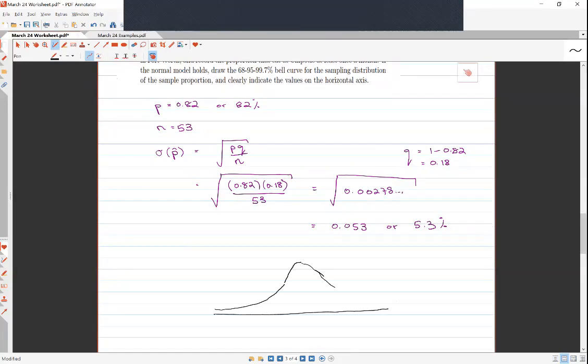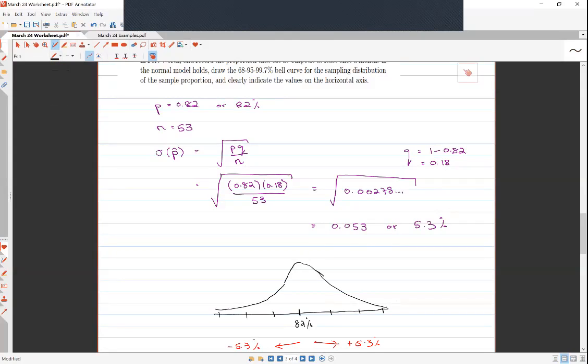So we would have a bell curve centered at 82%, but then we can do standard deviations in each direction. So I would, in one direction, add 5.3% for each increment, and in the other direction, I would subtract 5.3% for each increment.